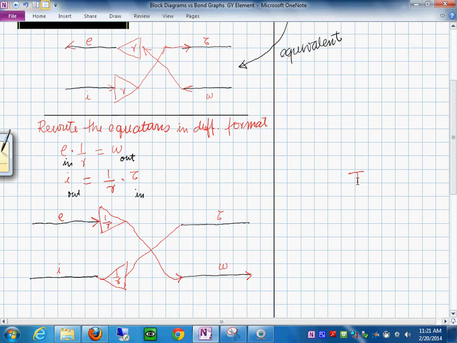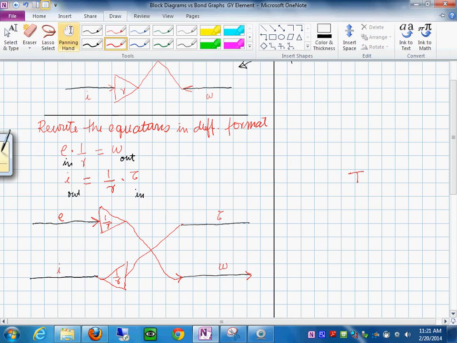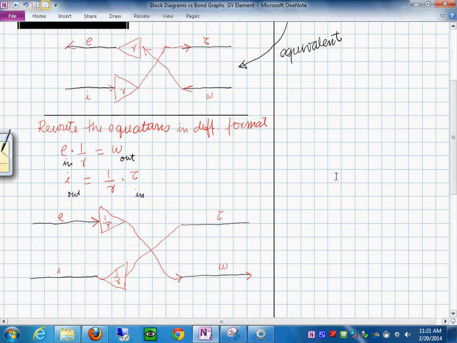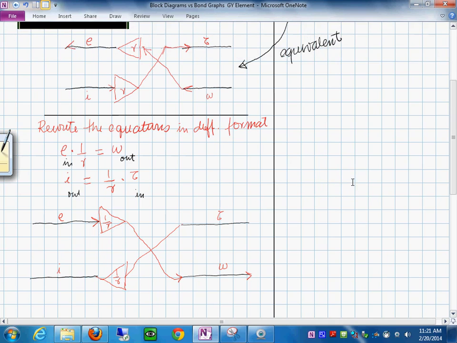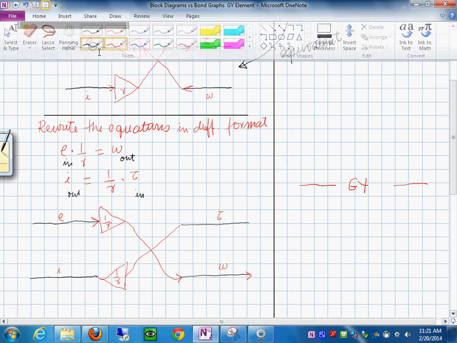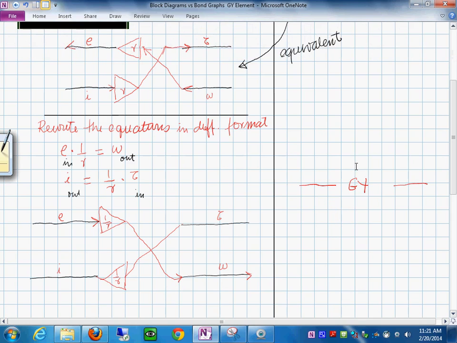If we rewrite the equations a little differently, and in this particular case, you say, okay, look, this is a GY element, this is a GY element, and we just need to represent what's on both sides. GY element, and you have two connections on each side, but it's very obvious that the modulus in here is 1 over R. So compared with the previous one, we're getting the inverse.